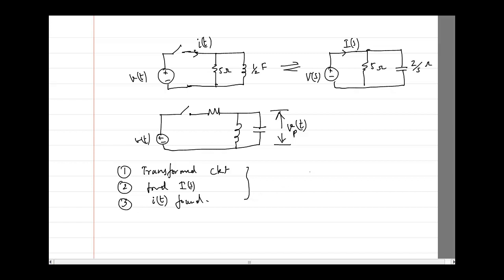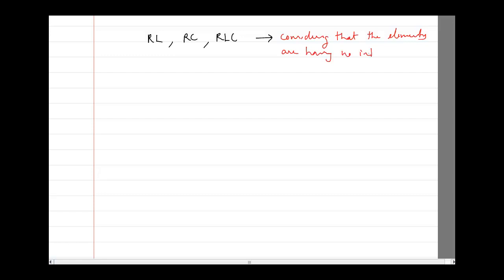So what we have done up till now, let me summarize. In module 3, what we have done up till now is we have seen what happens in a transient analysis of RL circuit, RC circuit and RLC circuit when, now this is important, up till now we have been considering that the elements are having no initial energy.